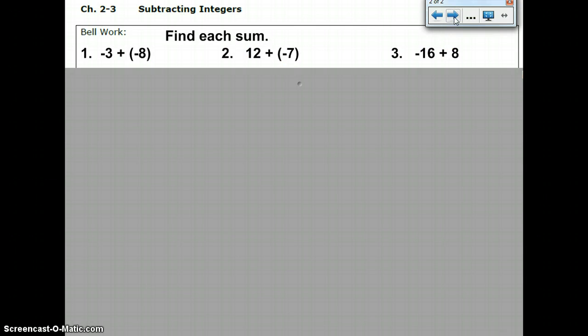Here's your bell work for Section 3. You're finding the sum of each of these three problems, and I'll give you about a minute to go ahead and do that.